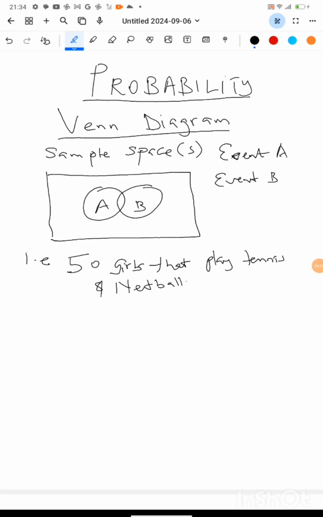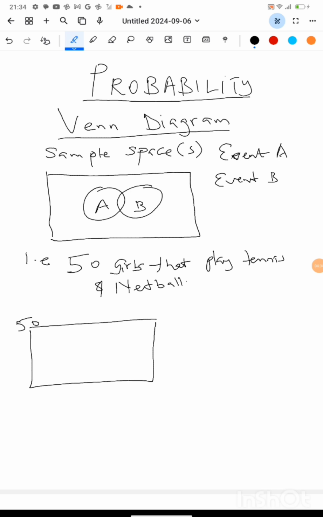So you have 50 girls that play tennis and netball. So the 50 girls is what? A sample space that you have. Okay? So I'll write it here. So you have a total number of 50 girls that play tennis and netball.